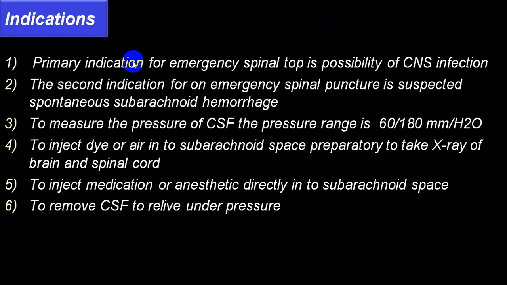So the primary indication for emergency spinal tap is for CNS infection. And the second indication for an emergency spinal puncture is spontaneous subarachnoid hemorrhage. This too becomes topmost on the list.